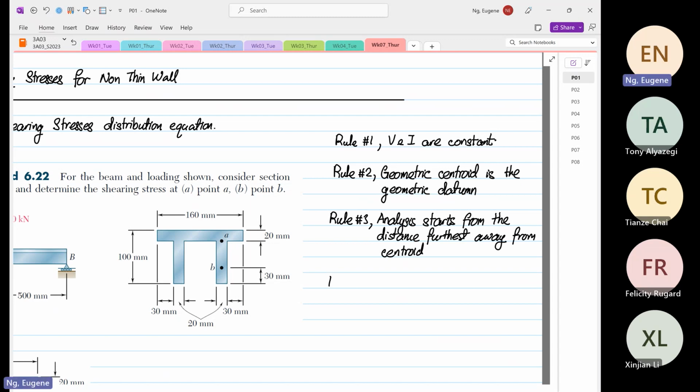Rule number 4, the first moment of area cannot cross over the centroid.